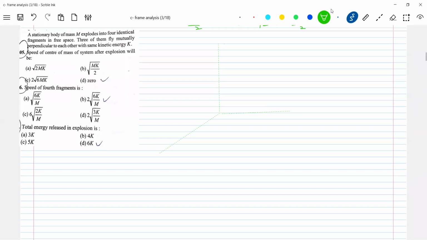Now let this be the y-axis, x-axis, z-axis. So here I'll keep a body of mass m. It is at rest, no? It will explode now. 3 of them fly mutually perpendicular to each other with the same kinetic energy. 3 of them, they'll fly.